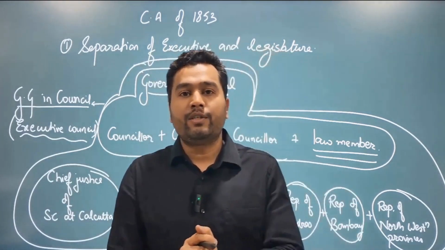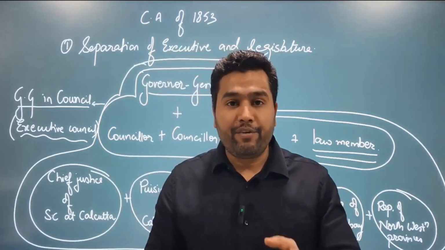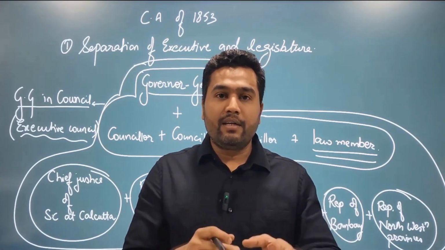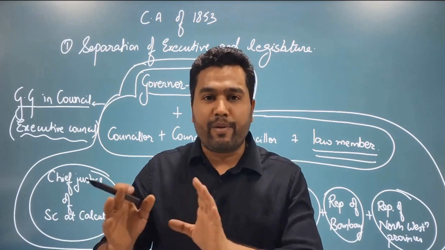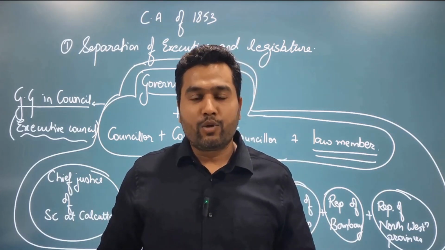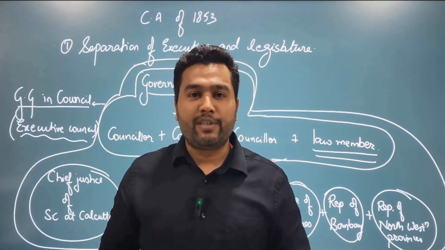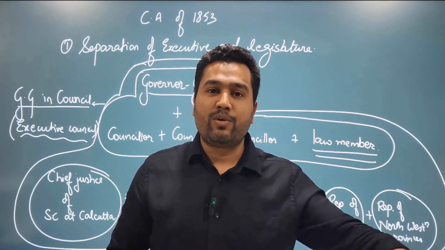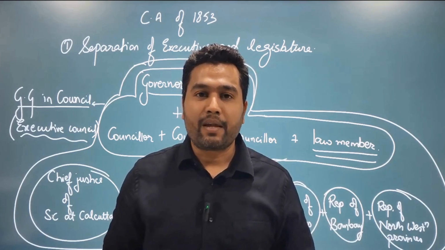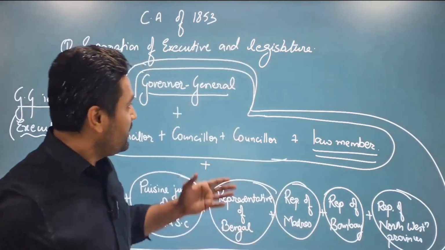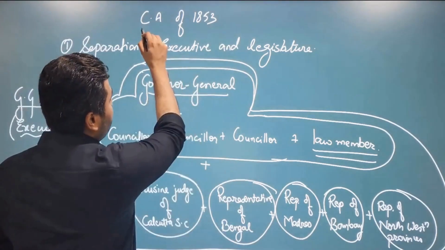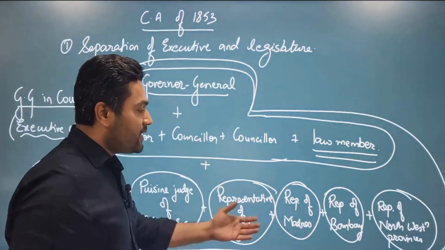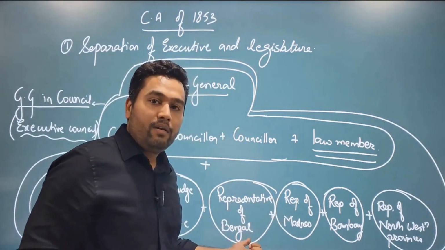What had happened was, prior to Charter Act of 1853, the Governor General of India was also Governor General of Bengal. So the Madras Presidency, Bombay Presidency, they used to complain that he is biased. He would be more biased towards Bengal. And therefore, the Governor General in the Charter Act of 1853 was separated from the Governor of Bengal.